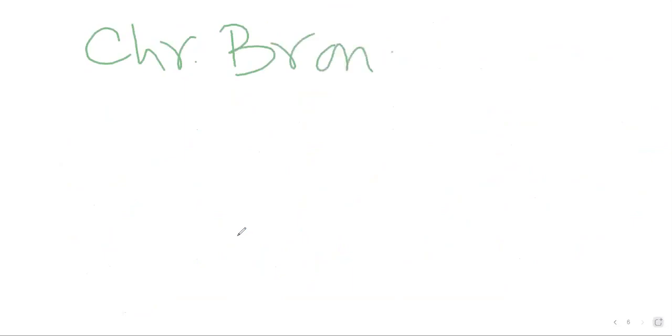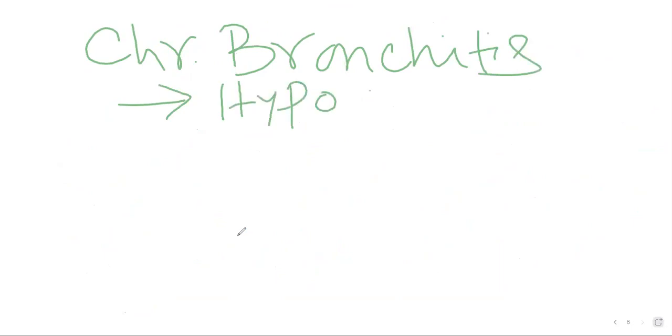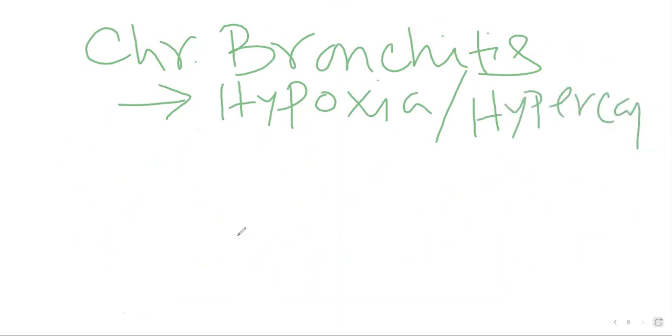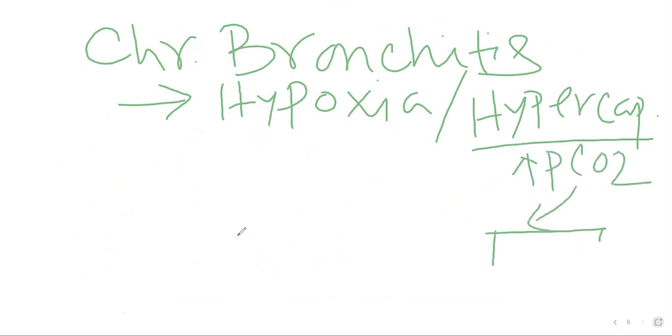in case of chronic bronchitis, there will be hypoxia and the hypercapnic situation is there. Due to the longer effect of the chronic bronchitic situation, this hypercapnia, that means the increase in the partial pressure of the carbon dioxide, cannot eventually stimulate the central chemoreceptor.